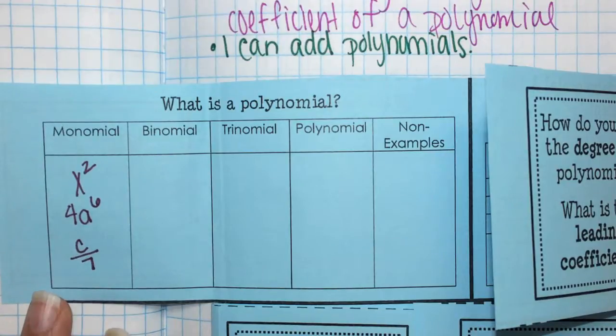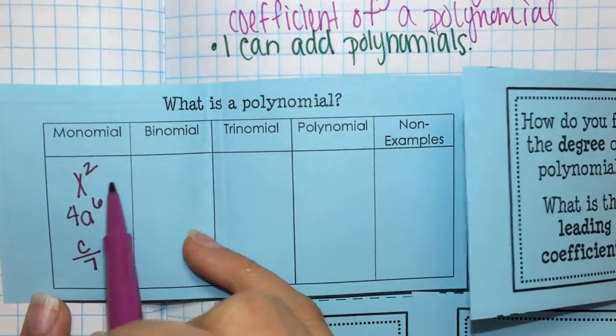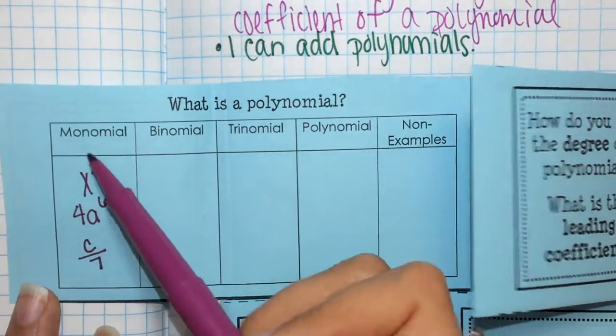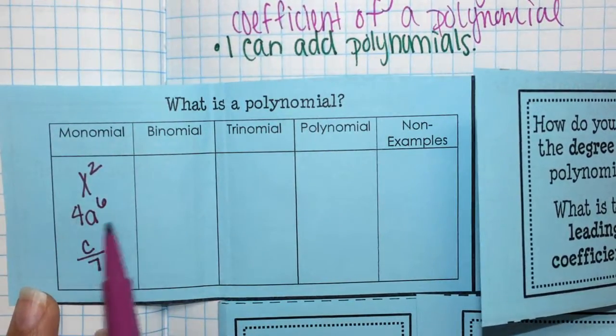Yes, no, maybe so. Yes. A monomial is one term. So it could look like x squared because a term is separated by a plus or minus sign, so this is 1. This is also 1 because it's multiplying.